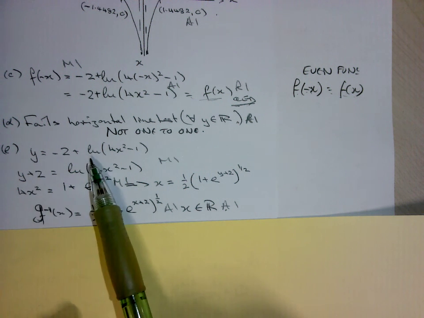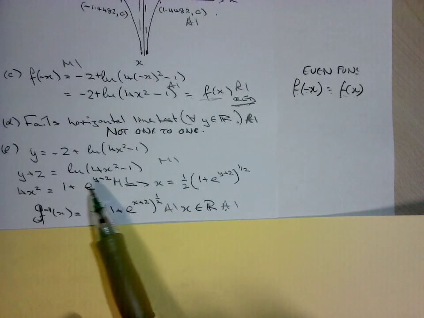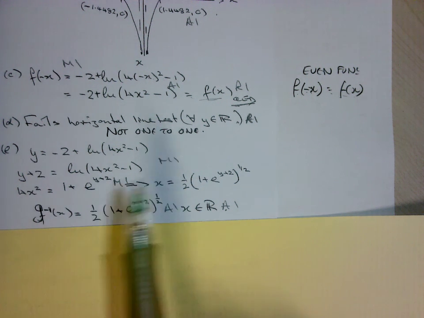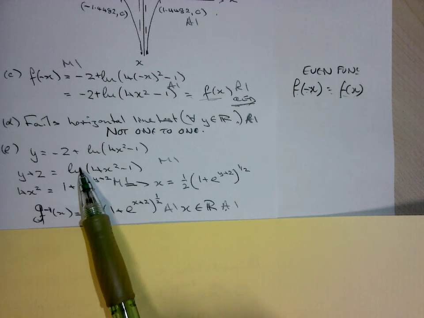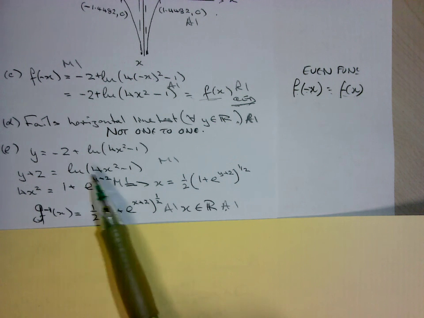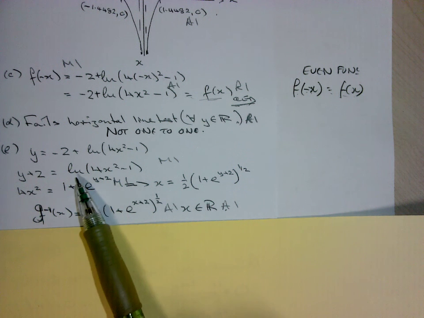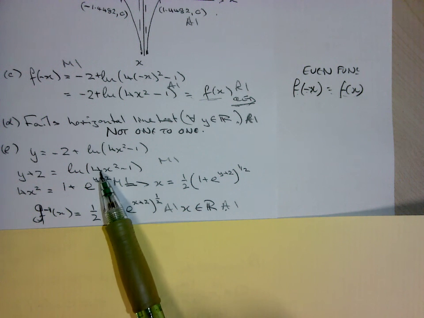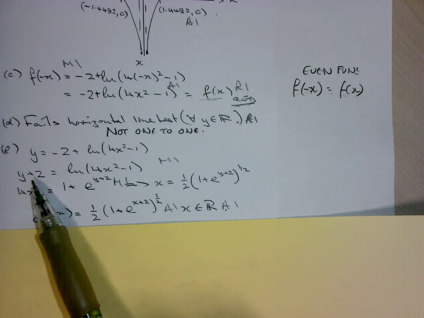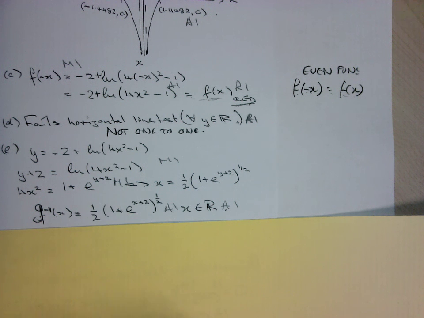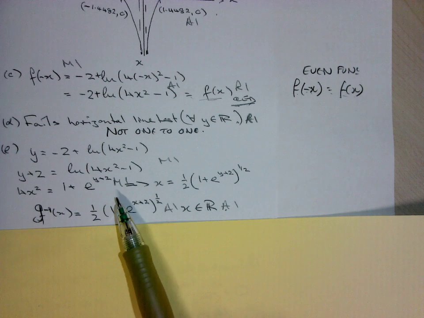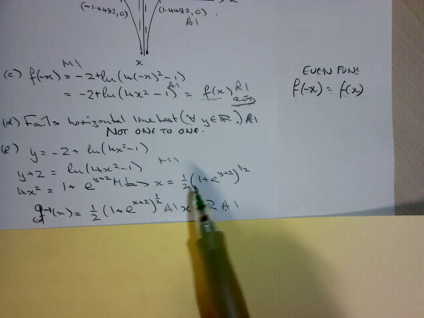Start off with y equals and then rearrange it to say x. The thing to be aware of in here, of course, is that the inverse of a log is e to the power. So in that state, I've got 4x² - 1 will be e^(y+2). So that follows through to give you the algebra.